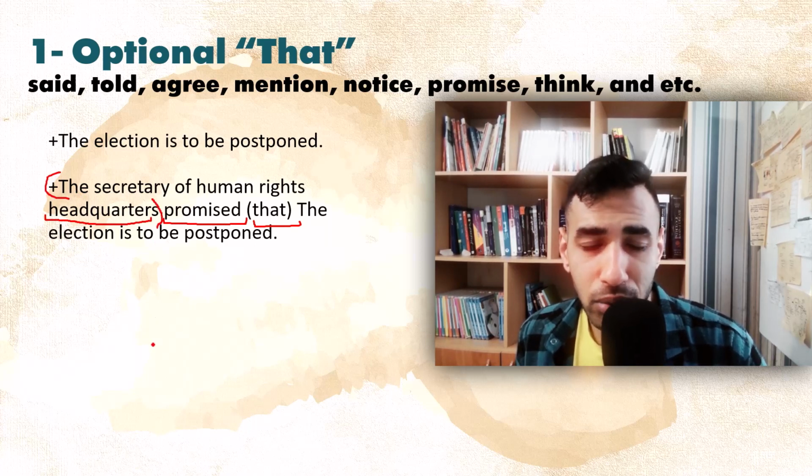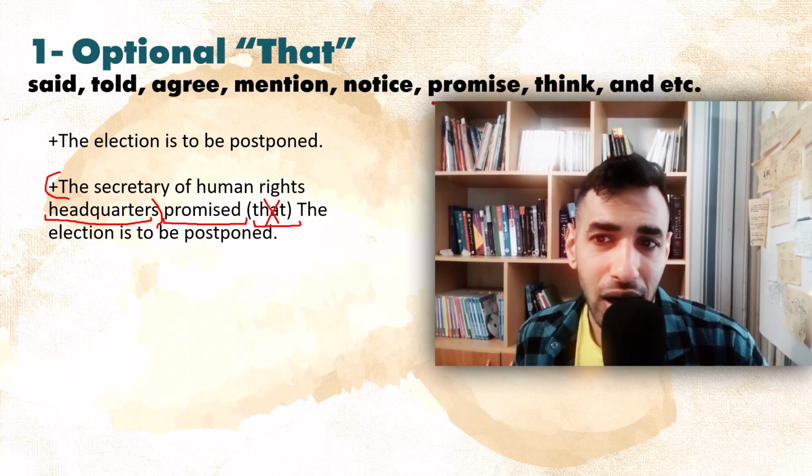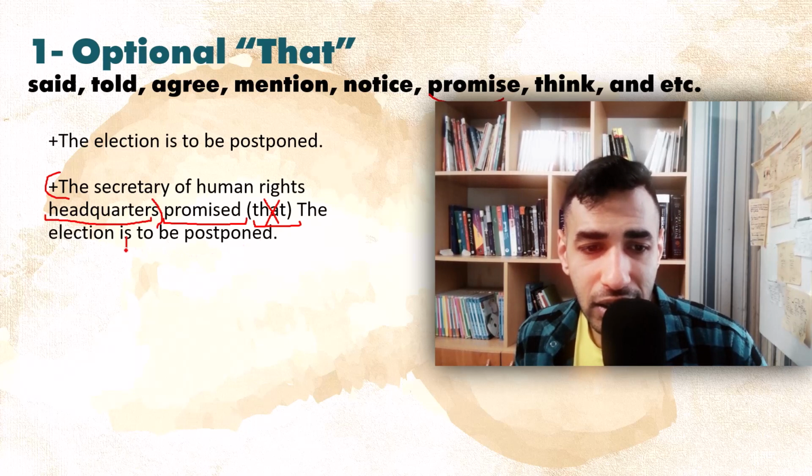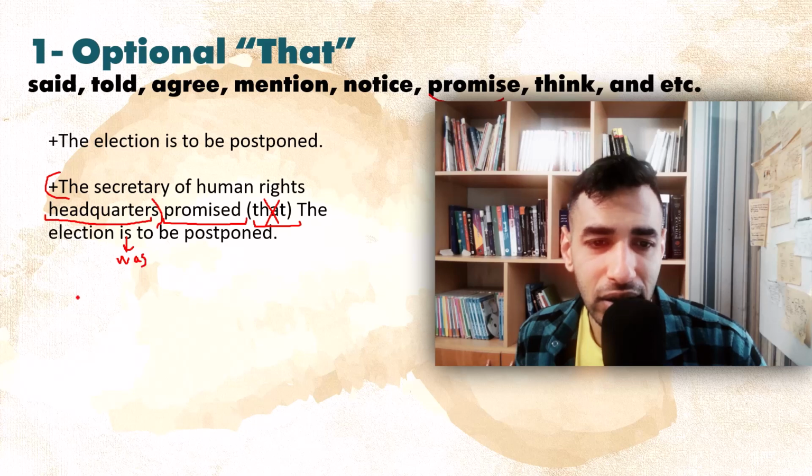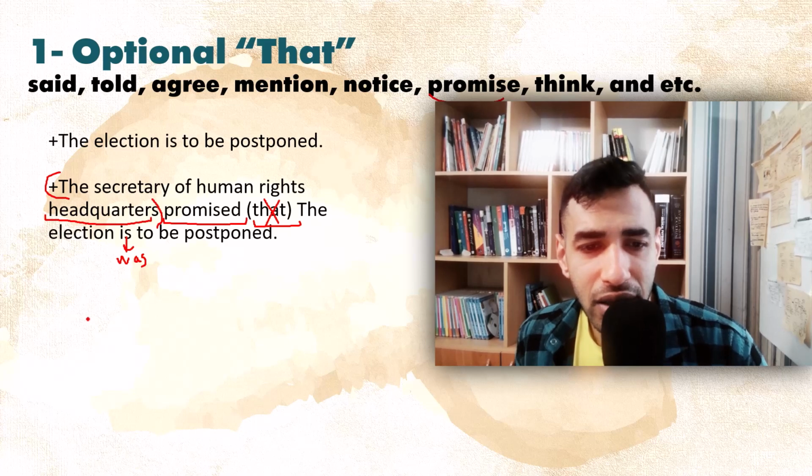Promised is our reporting verb. That is omittable here because we are using a common reporting verb, and is changes one step in the past to was. So the Secretary of Human Rights headquarters promised the election was to be postponed.